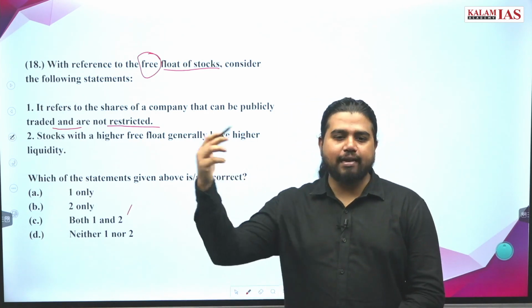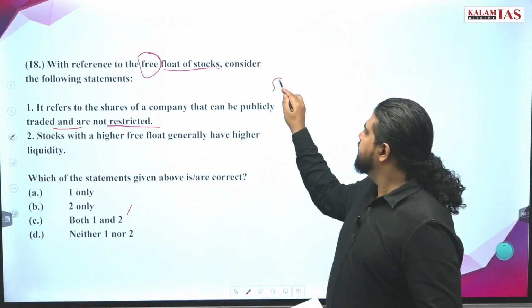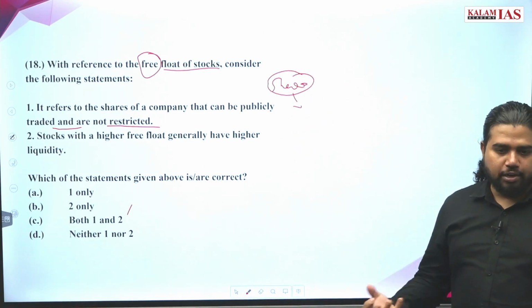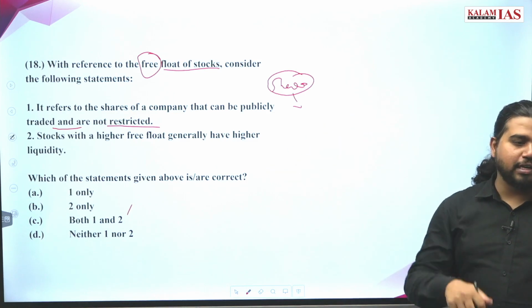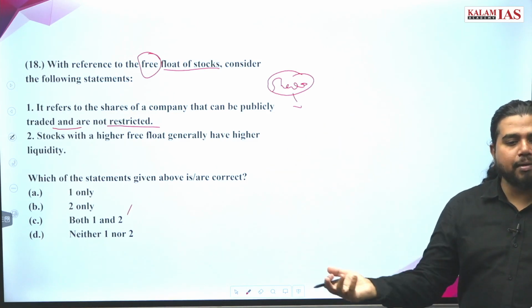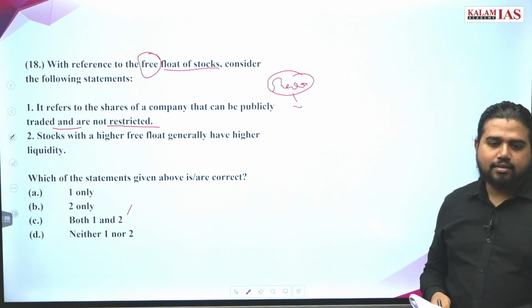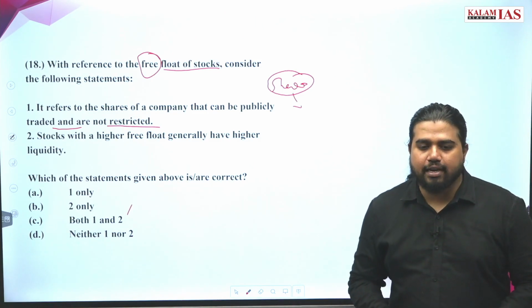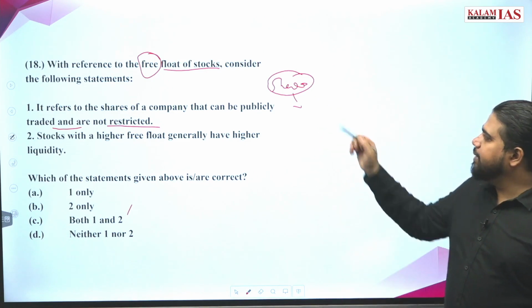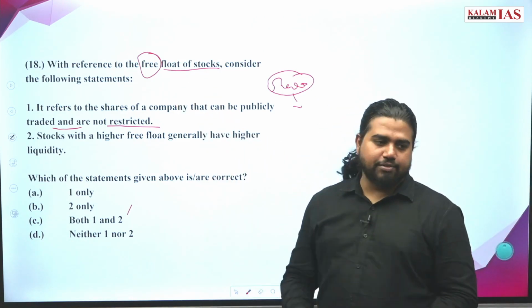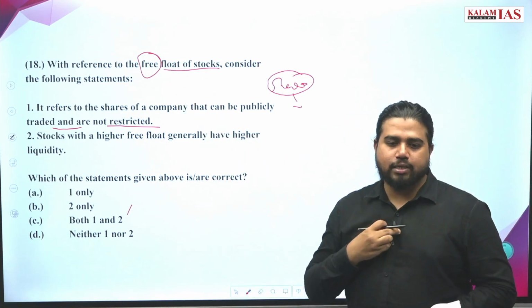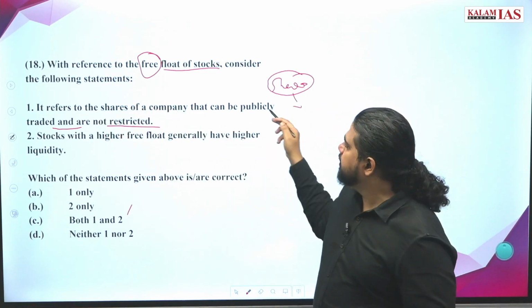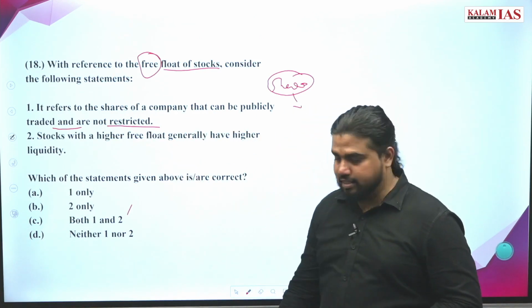Some companies may have shares that only existing owners can hold, or only employees, or only government bodies like state or central governments, sovereign entities. So there can be categorization, but free float means anyone can hold. There is no such limit criteria. And this is exactly the definition: it refers to shares of a company that can be publicly traded and not restricted.